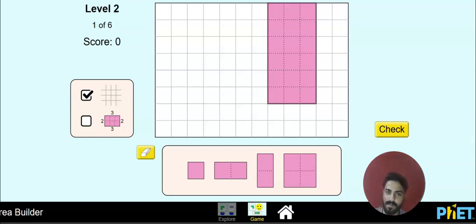Now let's check for perimeter as well. 6 is our breadth over here and 3 is our length. So 6 plus 3 will be 9, and we multiply it by 2, that will be 18. So, 2 into your length, which is 3, plus your breadth, which is 6.